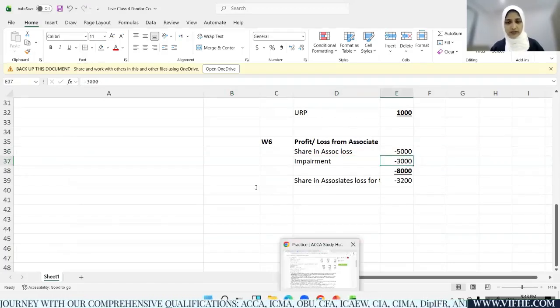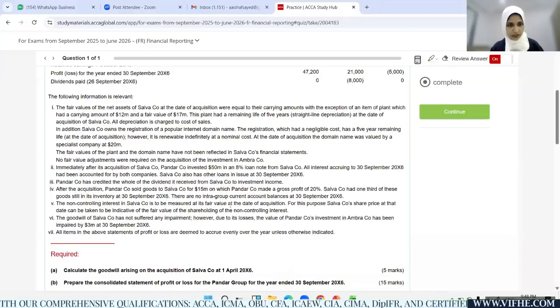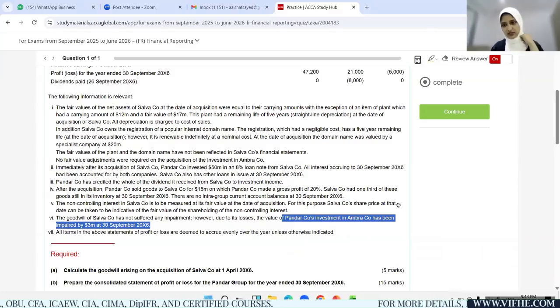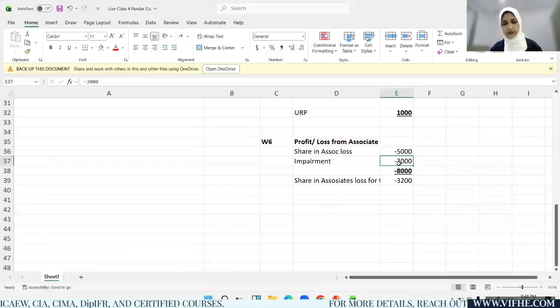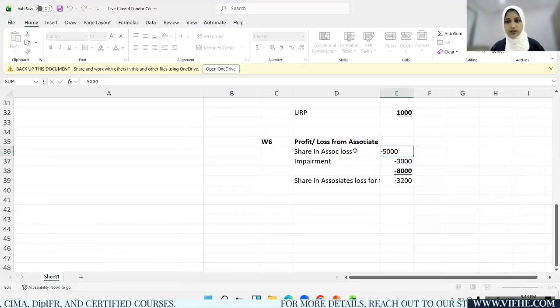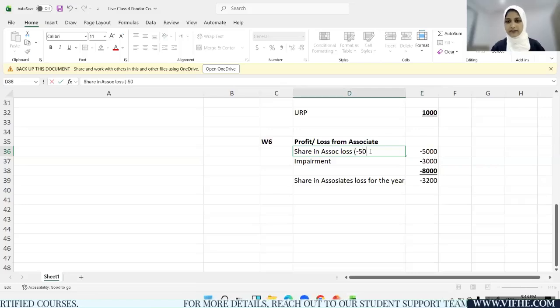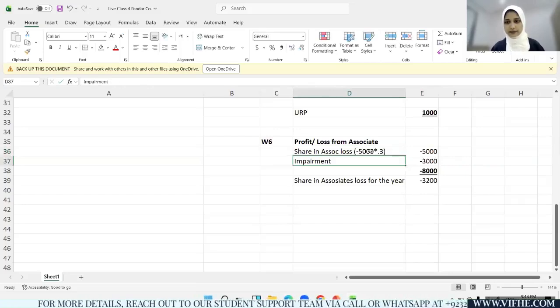Just let me check if the impairment is of whole of associate or our share of investment. Okay, the value of Panda's investment in Ambra has been impaired by 3 million. So you can't take 3 million share then. Okay, you can't take 3 million share. So you'll have to make a correction here, guys. This is a negative 5 million into 40% and full of impairment you will take.